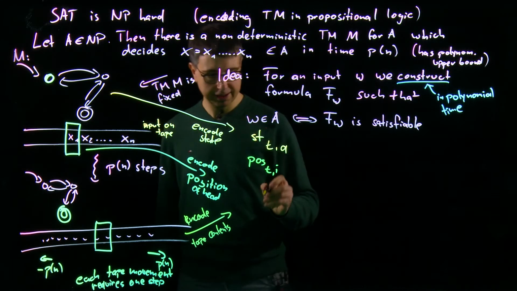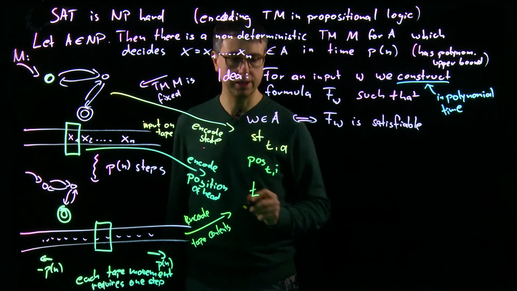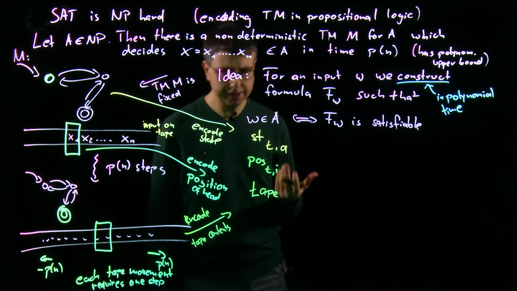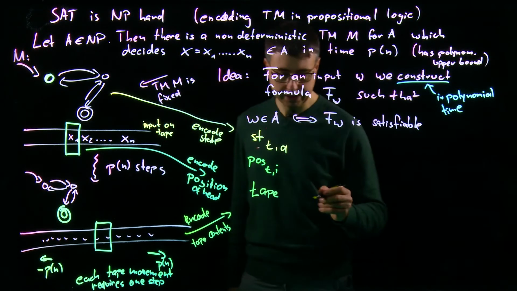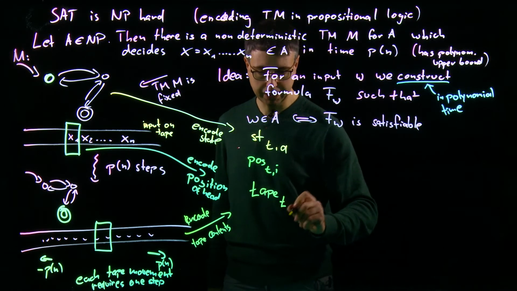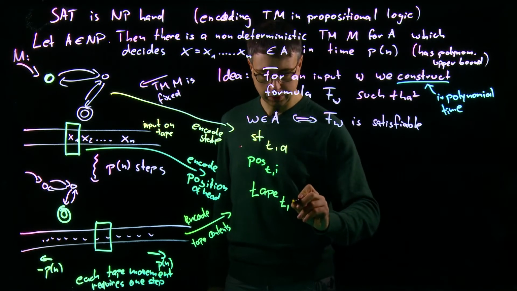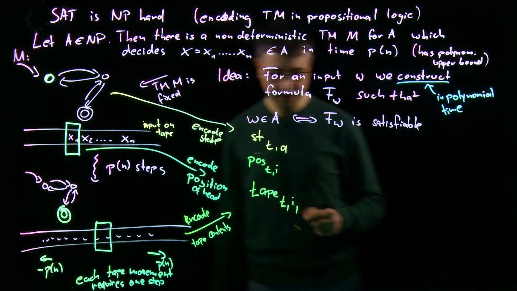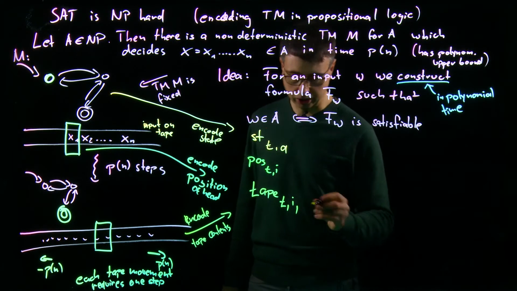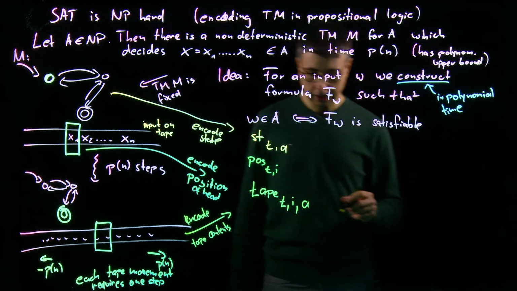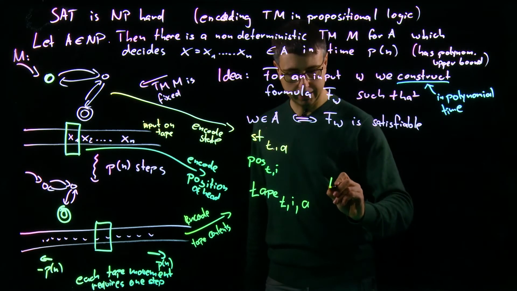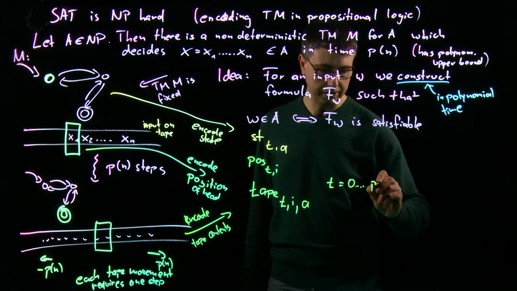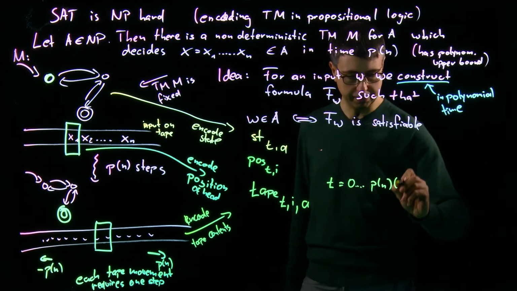And to encode the tape contents, we again will use a propositional variable, which we'll call tape. This has three indices. First one is the time t. Next one is the position, where it's on the tape. And third one is what is actually on the tape, so the a. Again, the t is something between 0 to p of n, still the time.